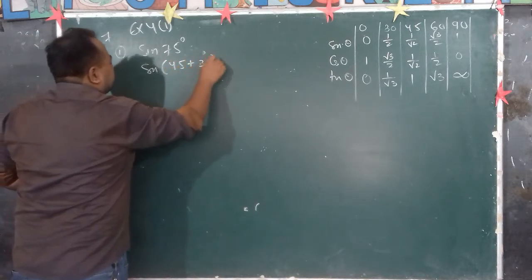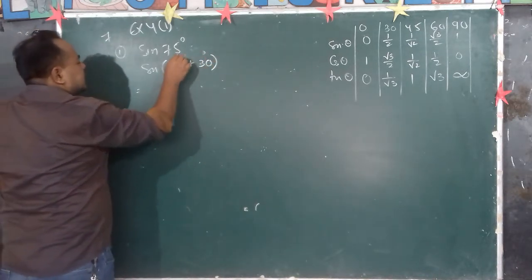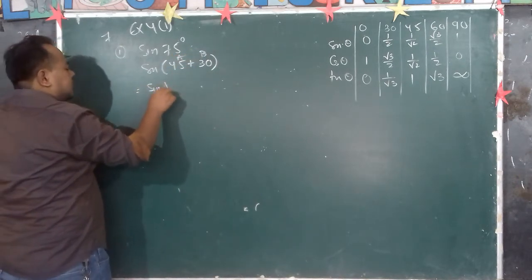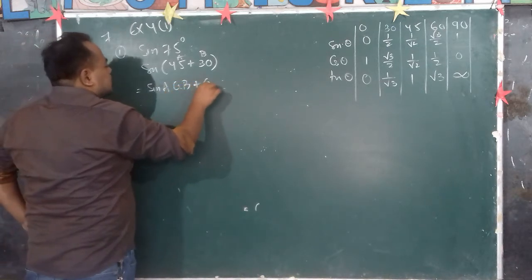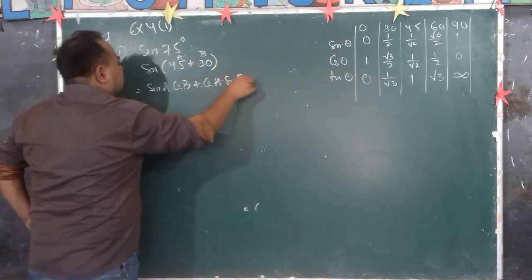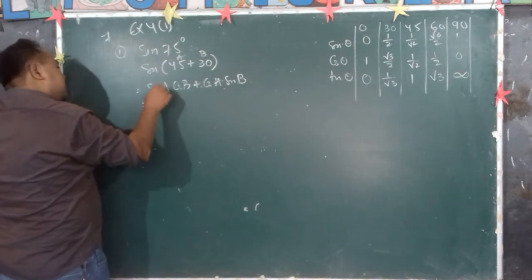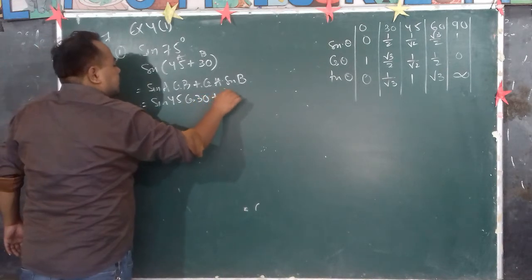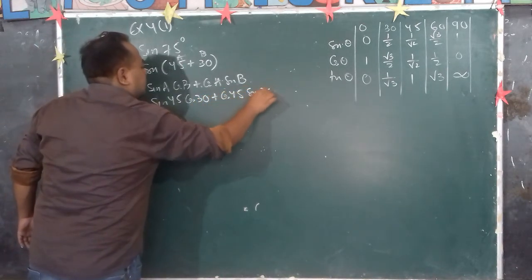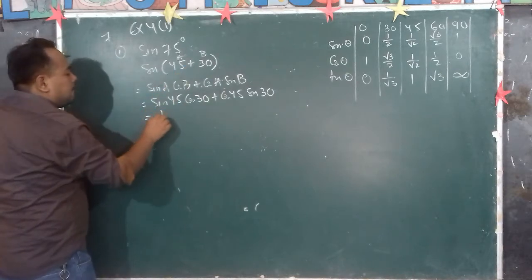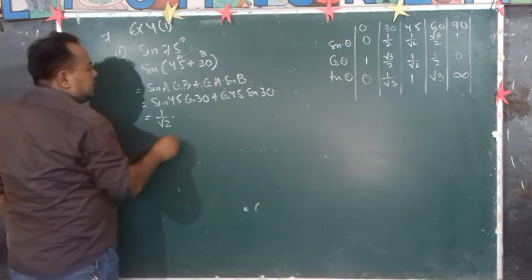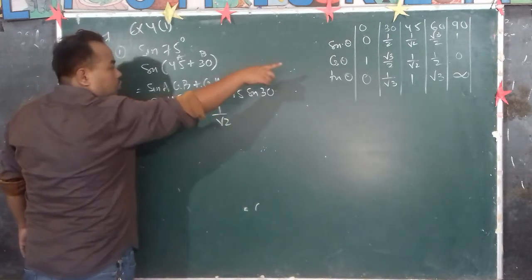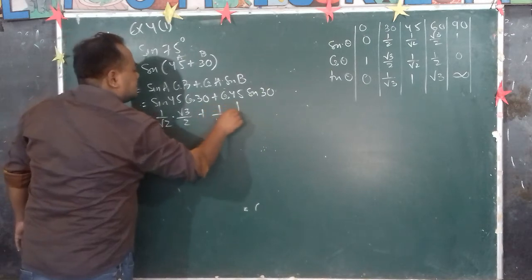45 plus 30. So this becomes sine A plus B. What is the formula for sine A plus B? Sine A cos B plus cos A sine B. So apply the formula. A is 45 and B is 30: sine 45 cos 30 plus cos 45 sine 30. Sine 45 is 1 by root 2, cos 30 is root 3 by 2, plus cos 45, 1 by root 2, and sine 30 is 1 by 2.